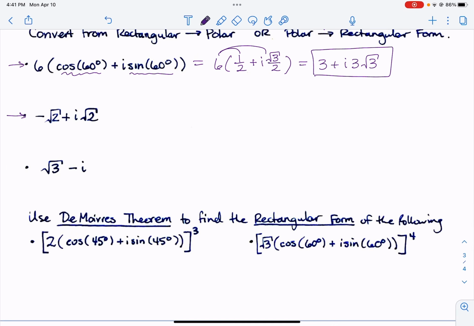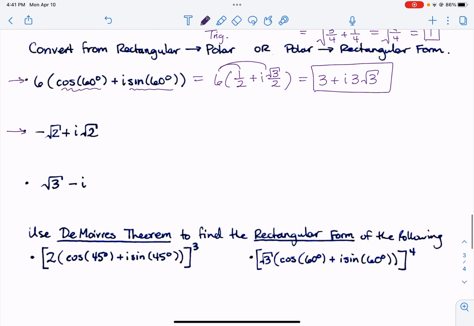The middle one, this is going from rectangular to polar. What you have to do is figure out how to turn this into a unit circle complex number. The first move is you're going to have to pull something out of both terms. And you want to ask yourself, what does this look the most similar to as far as the coordinates on the unit circle?